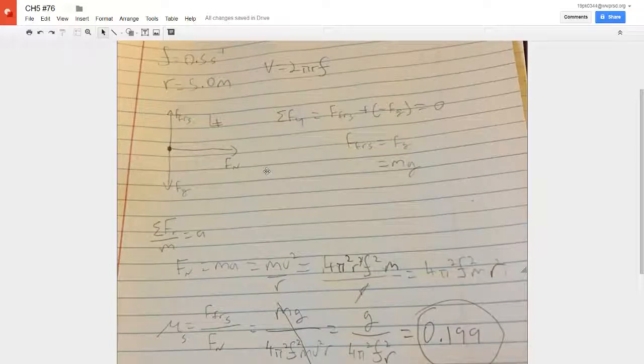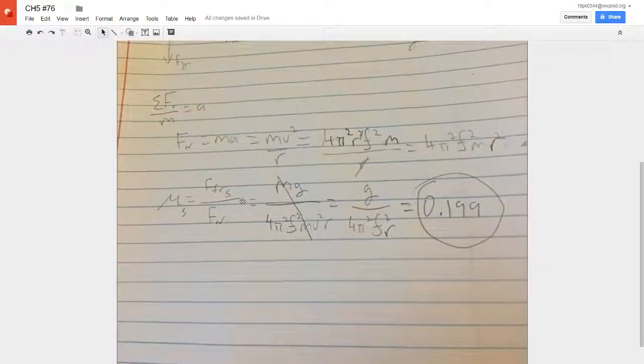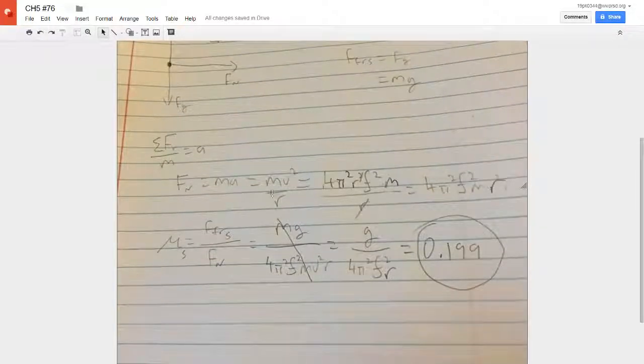So the question asks us, if there isn't any force, why do the people feel this way? And the answer is because of inertia, because a moving object will try to maintain its linear path, and will always try to move tangent to whatever curve it's moving in. So that's why they feel like they're getting pushed against the wall.